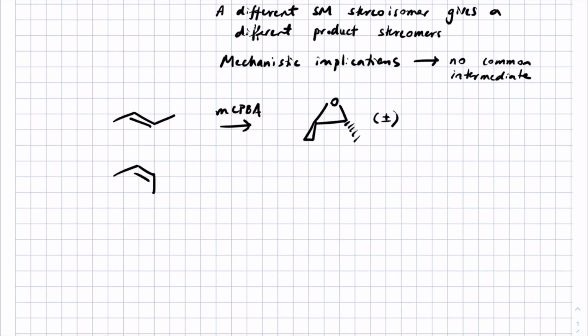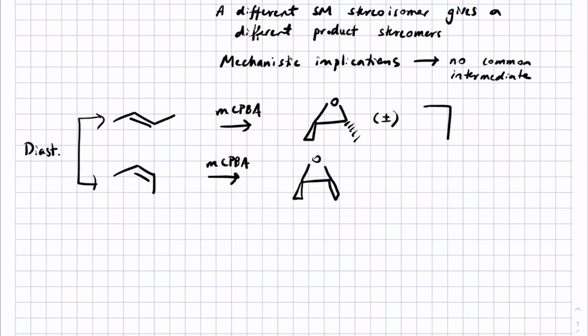If you start out with the cis olefin, you're going to get the cis epoxide. Notice that you can tell the reaction is stereospecific because you have diastereomers here that each lead to different product diastereomers. Okay? And the reason that works is because the reaction is concerted. The oxygen gets added to the olefin from one face of the olefin, so stereochemistry is preserved.